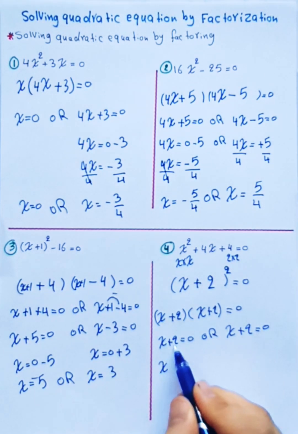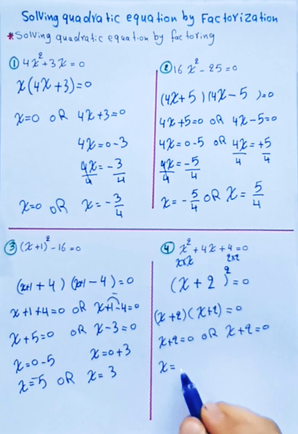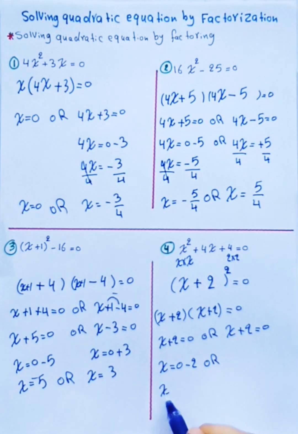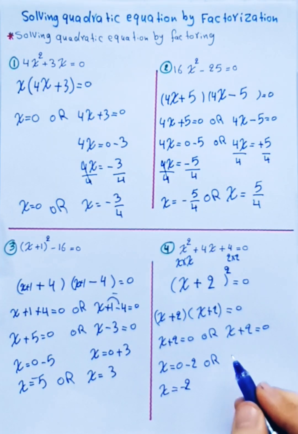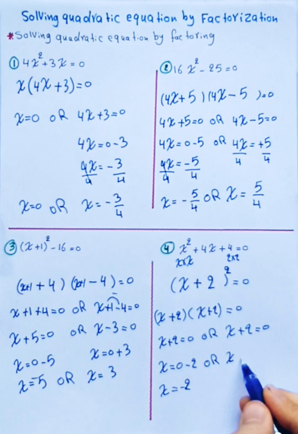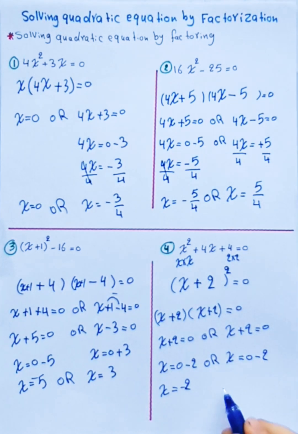You have to change the place of positive 2 to the right side, 0 minus 2, so x is equal to negative 2, and then for the expression on the right side, you have to change the place of positive 2 to the right side, so x is equal to 0 minus 2, x is equal to negative 2. So the solution is x equal to negative 2.